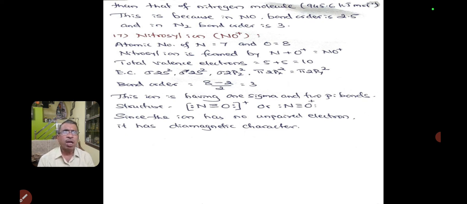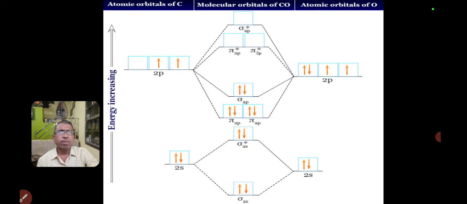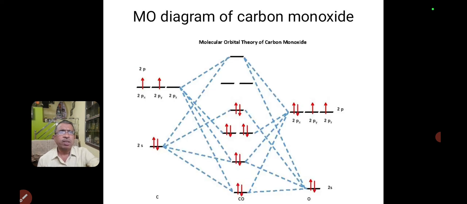Between the nitrogen and oxygen we have 3 bonds, and each of nitrogen and oxygen has 1 lone pair of electrons. Since the ion has no unpaired electron, it has diamagnetic character. So this is the molecular orbital diagram for carbon monoxide. Students, you must be able to draw these structures.